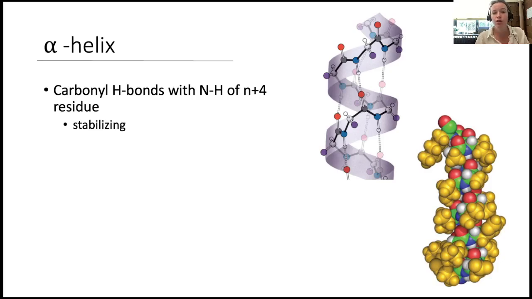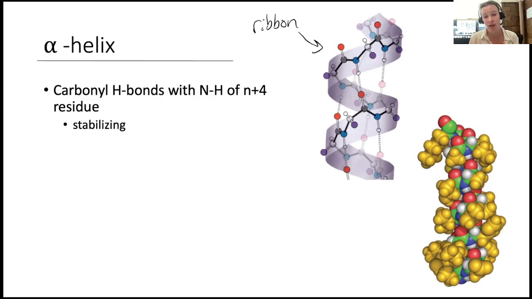The alpha helix occurs where the backbone wraps onto itself, kind of like a DNA helix. You will oftentimes see the alpha helix shown as a cartoon like a ribbon.